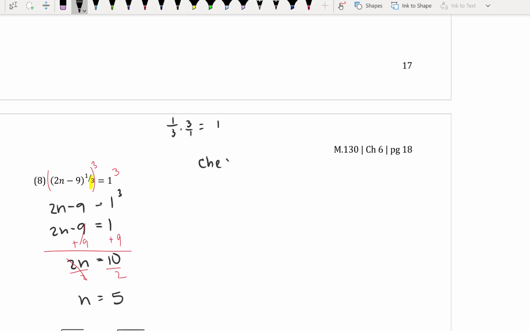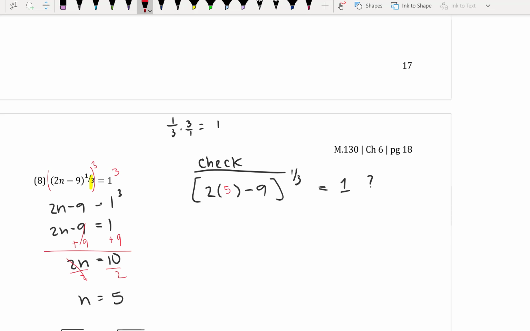Now, of course, we always want to check and verify our solution. So we have 2 parentheses n minus 9, all to the 1/3 power, and we want to know whether or not that is equal to 1. So what we are plugging in here is a 5.